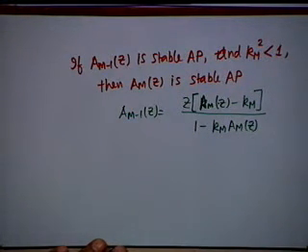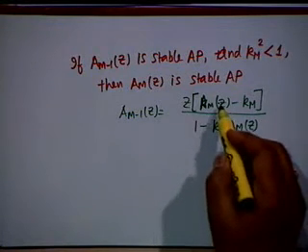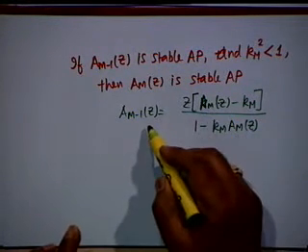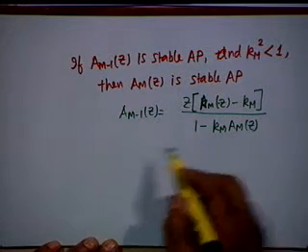This was our defining relationship for finding A_{M-1}. Now, what we have to do is to find A_M in terms of A_{M-1}(z), and therefore cross multiply and simplify.